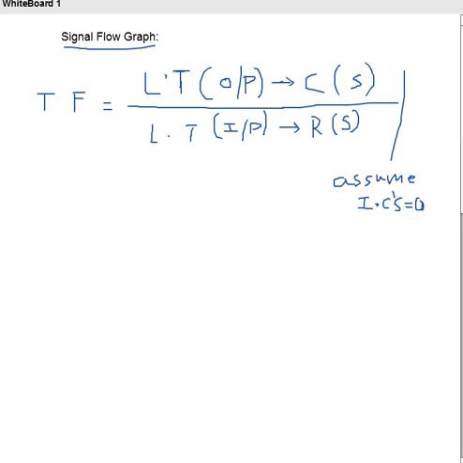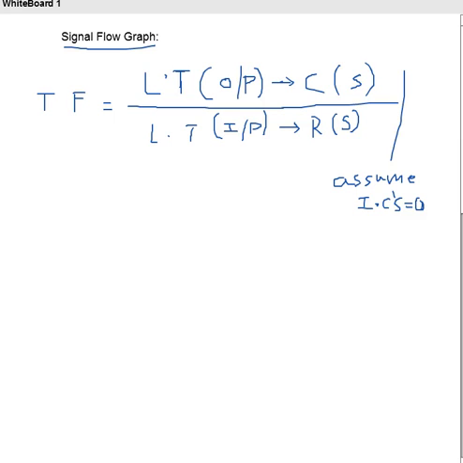When I take the classes, I will explain all the techniques in your syllabus. There are two main techniques to find the transfer function: block diagram reduction and signal flow graph. I have seen your syllabus, and these two techniques are in one particular unit.